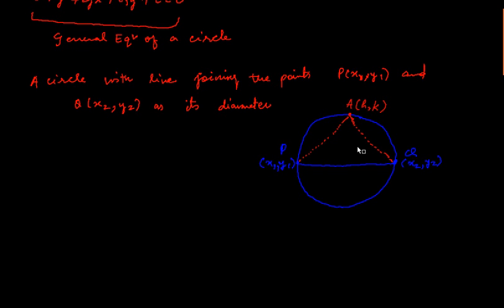Now the first thing you should notice is that we know that the angle in a semicircle is a right angle. So this angle PAQ is a right angle, since the angle in a semicircle is a right angle.